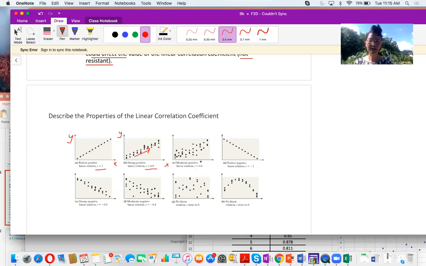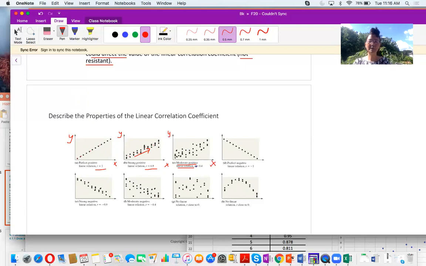And this example is when you have r equal to 0.4, there is a moderate positive relationship between x and y.